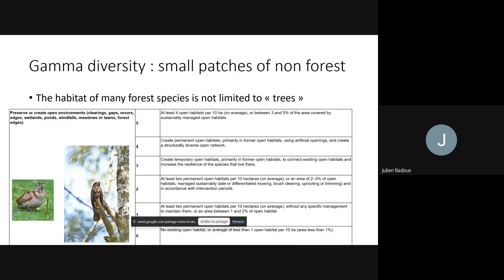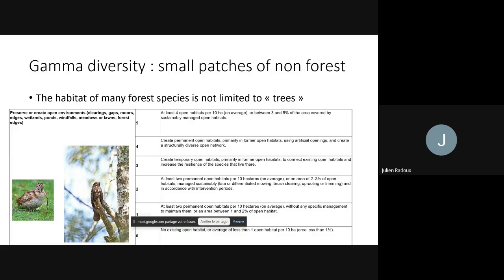Gamma diversity, as I mentioned, the idea is to have habitat. So you see from 0 where you had no open habitat, to 5 where you have 5 open habitats. But those open habitats should be less than 3 to 5%. So it would be very micro habitats that we want to have in the forest, and not a clear cut of half the forest.